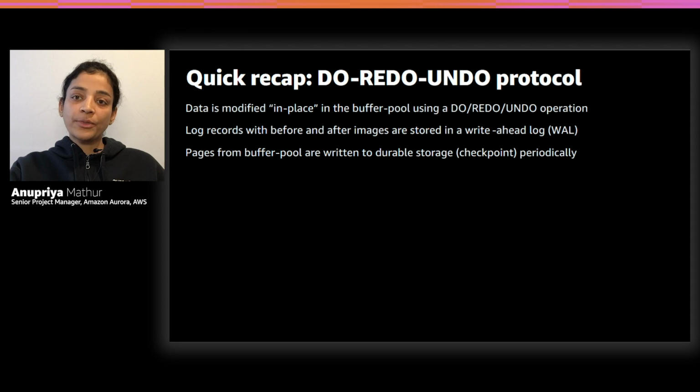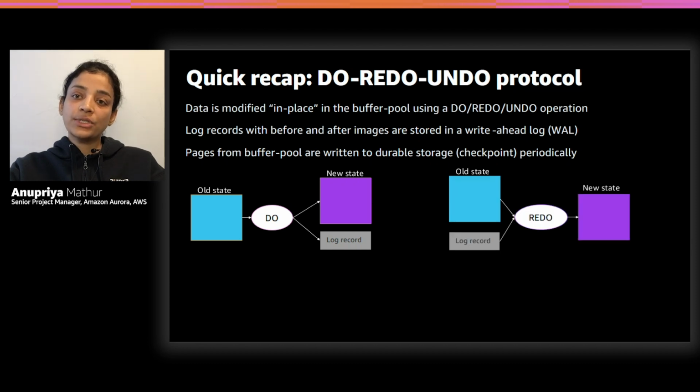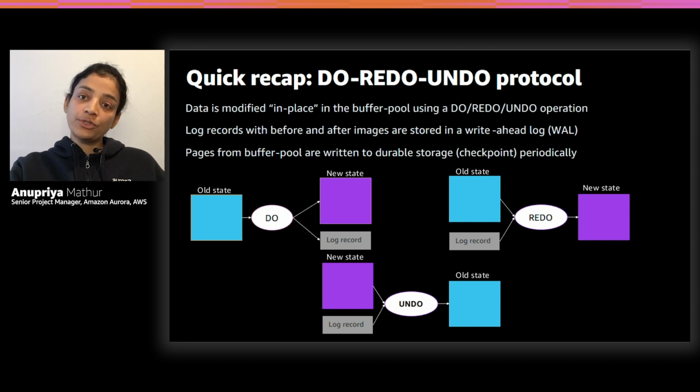In case of a do operation, you'll take the old state, you'll do the do operation, and then what you get is a new state and a log record. And then redo is when you have an old state and you have a log record and you redo it to get to the new state. And similarly, undo is when you have a new state and you have a log record and you want to undo the change so you get back to the old state.